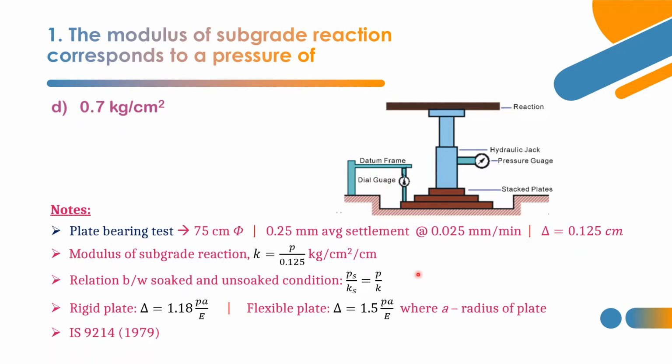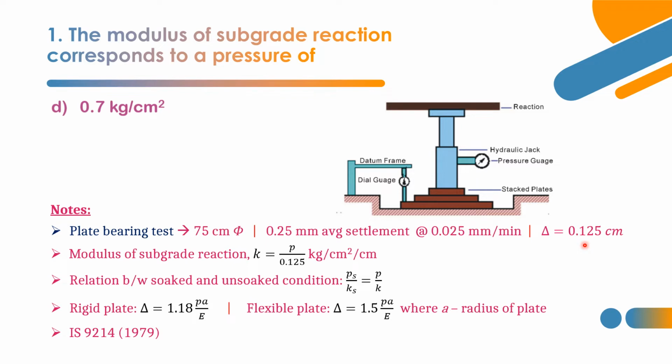For plate bearing test, the standard size of plate shall be 75 centimeter diameter, and average settlement will be 0.25 mm at the rate of 0.025 millimeter per minute. This will be the settlement rate according to which we have to load. So average settlement is 0.25 and at the rate of 0.025 mm per minute.